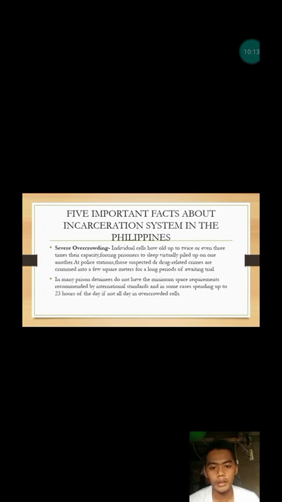In many prisons, detainees do not have the minimum space requirements recommended by international standards, and in some cases spend up to 23 hours of the day, if not all day, in overcrowded cells.